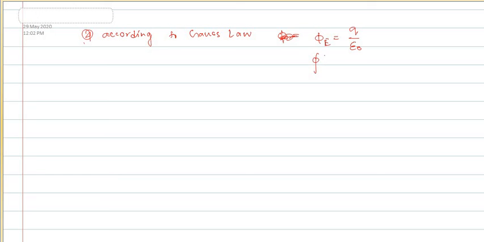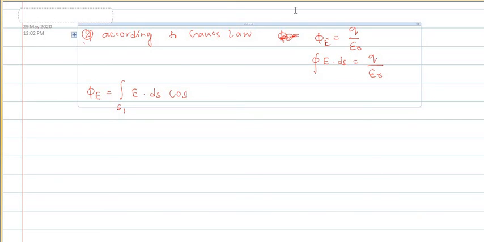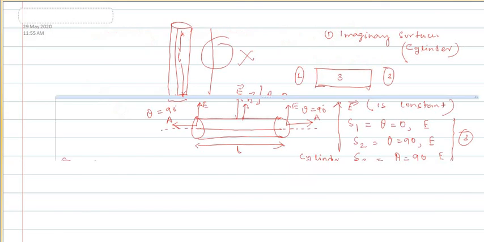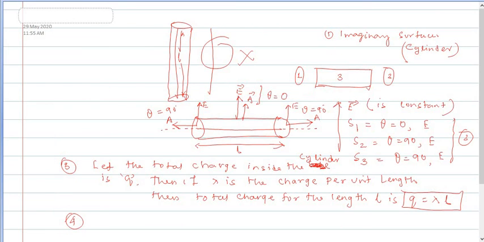Now this is also defined as the closed integral of E dS equals Q by epsilon naught. Now we should calculate the value separately for surface 1, surface 2, surface 3. Now this is for surface 1. So surface 1 will be how much? E dS cos theta. What is the value of cos theta for surface 1? You see here, for surface 1 the value is how much? 0.